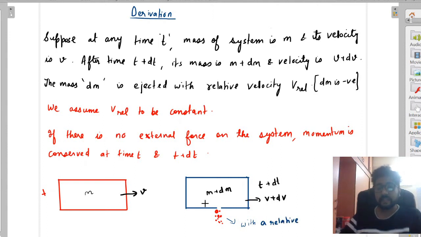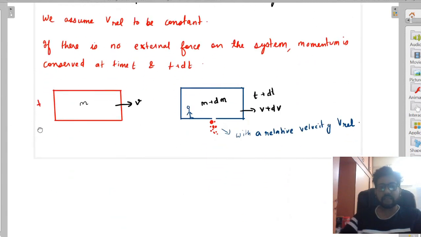Relative speed means when you sit in the frame of this system, it appears to you that this ejected mass is moving with a velocity v relative. Okay, understood? So v relative is not the velocity of the ejected mass with respect to ground.